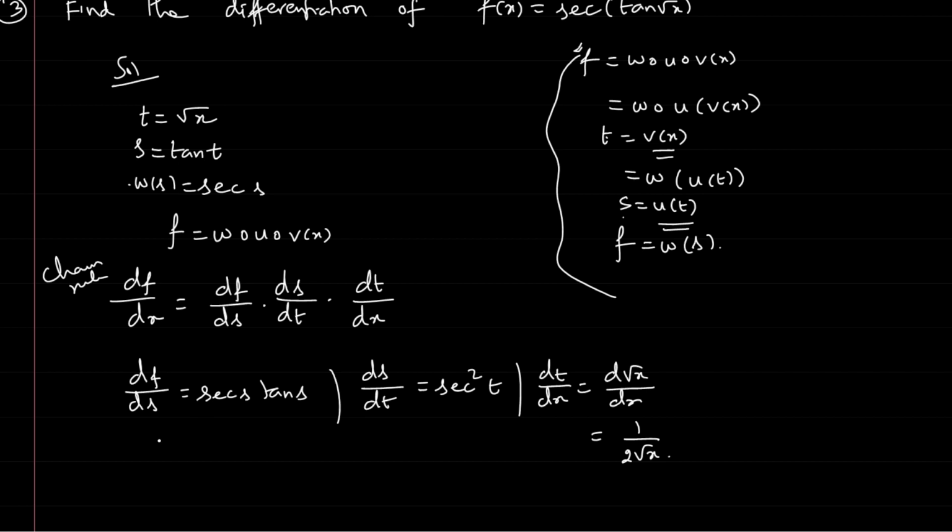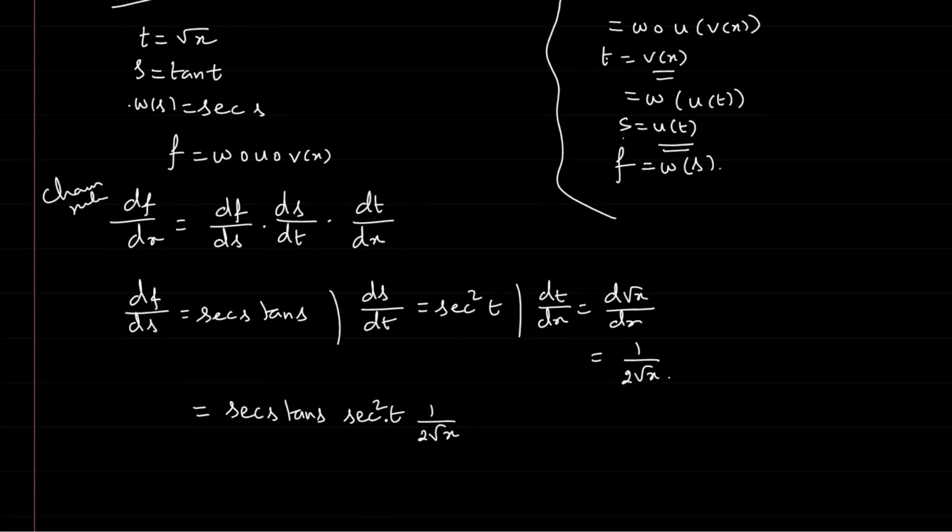Now we are going to substitute all the things in the chain rule: df by ds is secant s tan s, and ds by dt is secant square t, and the third one is dt by dx, 1 by 2 root x. Now we know that s is equal to tan t, and t is root x.